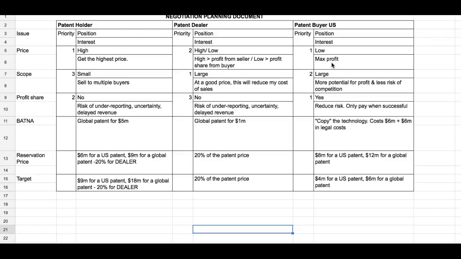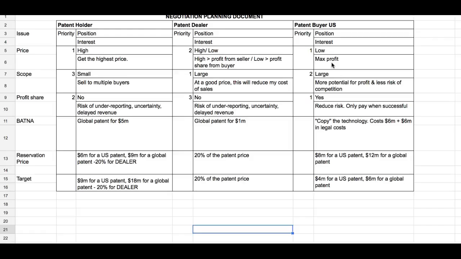So basically, whatever amount the buyer pays needs to be shared between the dealer and the holder, and the dealer will get 20%, the holder will get 80%. Who's paying for the transaction? There's no cost in there, no initial cost for the patent.